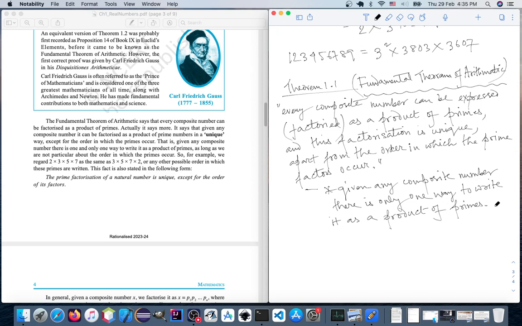Given a composite number, you can factorize it as a product of primes in only one way. There is no two way. There is only one unique way.